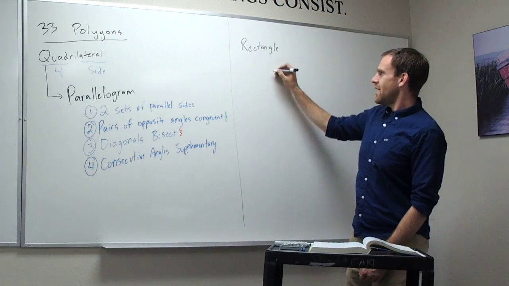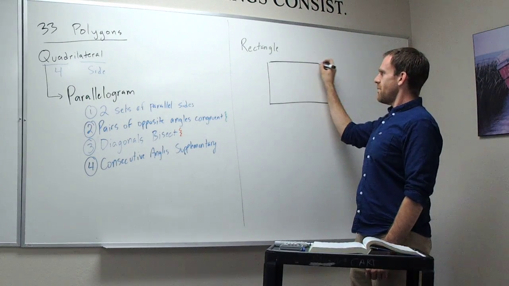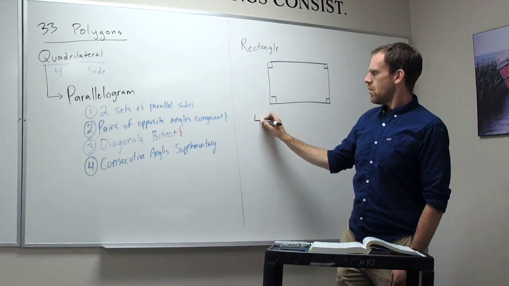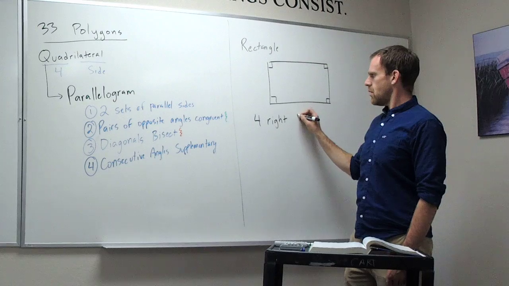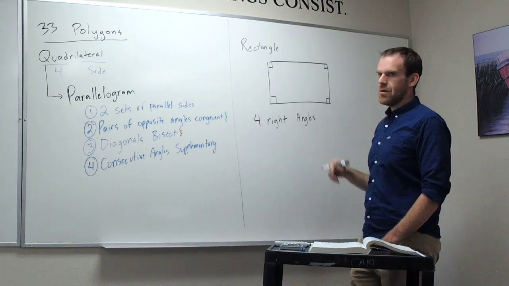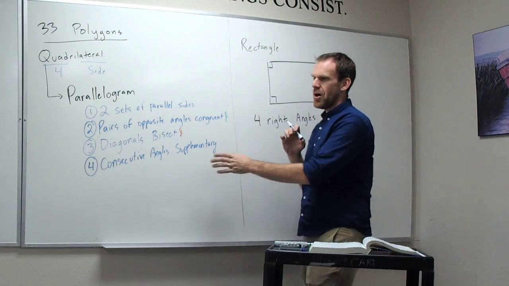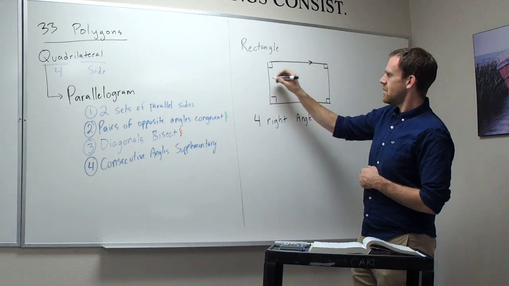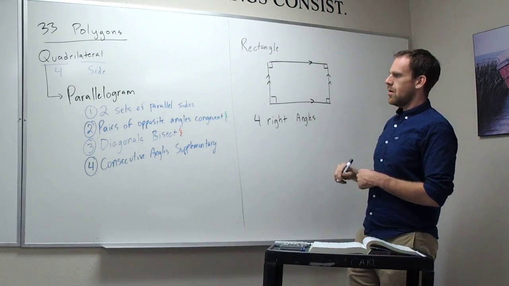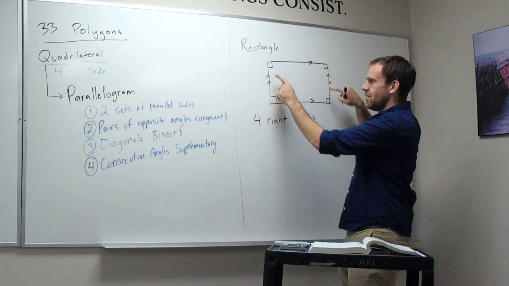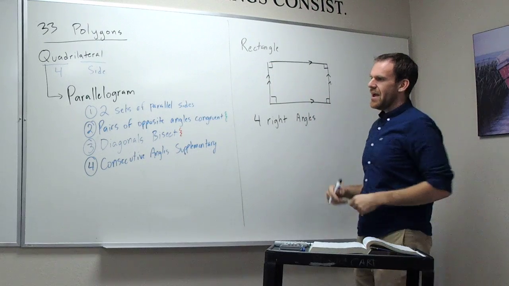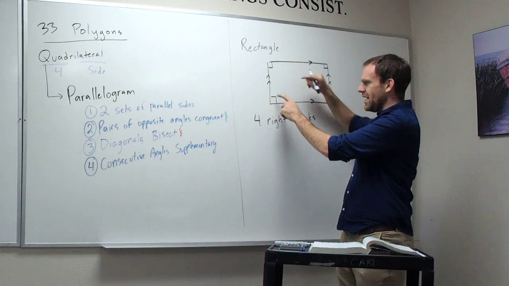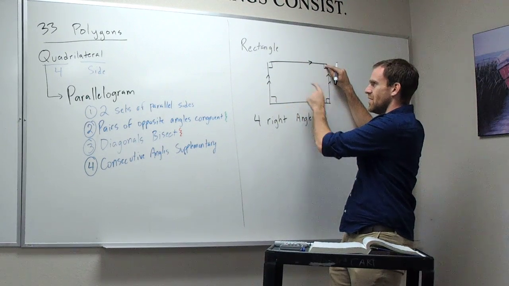So the rectangle, as we know it, is a shape with four right angles. Additionally, it has all of the properties of a parallelogram, which means that it has two sets of parallel sides. These two angles are the same. These two angles are the same. And your diagonals bisect each other. Finally, these two angles, or any two angles that are next to each other, add up to 180.